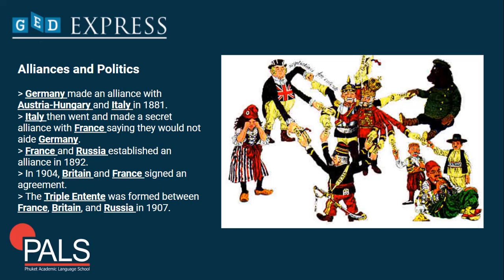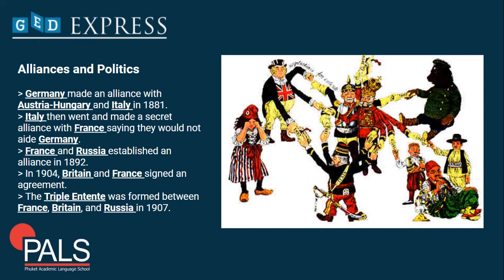Now, in the years leading up to the war, the nations of Europe were constantly jockeying for power and making alliances. First, Germany made an alliance with Austria-Hungary and Italy in 1881. These countries all agreed to protect each other in the event that they were attacked by their neighbor, France.